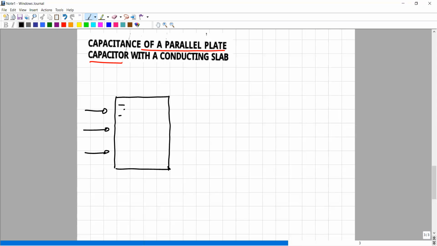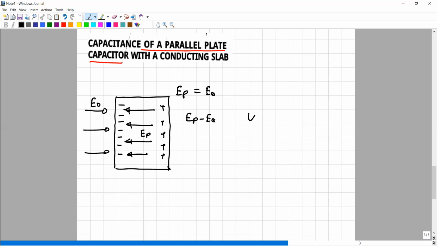Because of very high polarization within the conductor, because a conductor does allow flow of charge, the electric field that is set up due to the polarization, that is EP, is very large. So the electric field set up inside is EP, and outside is E naught. Inside the conductor, EP is equal to E naught, and that's why E naught minus EP is equal to 0.